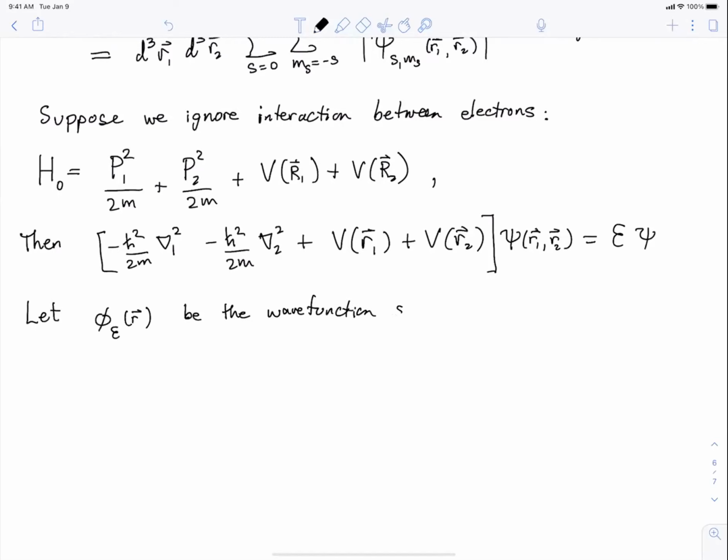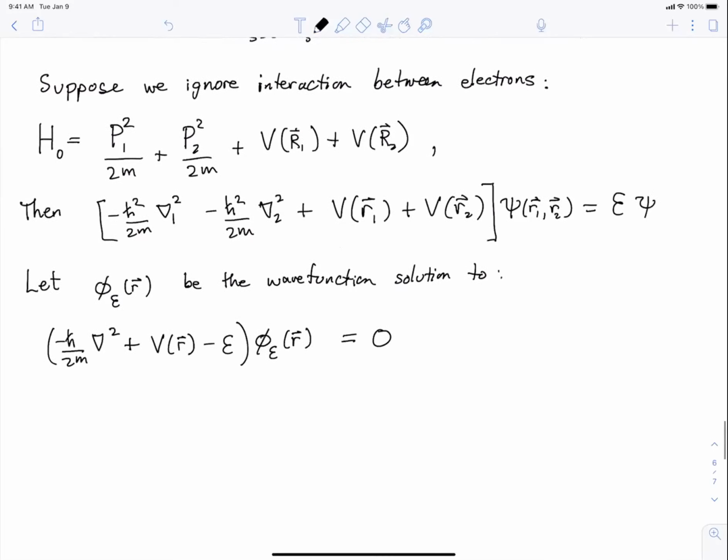So this is the wave function solution to just the single particle Schrodinger equation. So I don't need a subscript on my Laplacian, nor do I need a label on my potential, because this is just the definition, the equation that defines my single particle wave function.